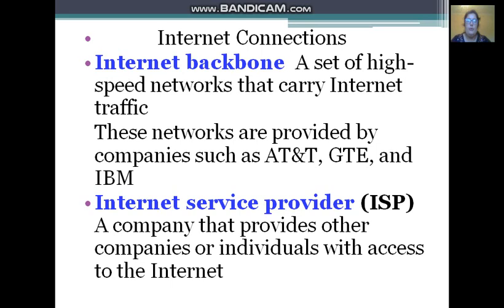Internet backbone: a set of high-speed networks that carry internet traffic. These networks are provided by companies such as AT&T, GTE, and IBM. They are famous networking companies. Internet service provider, ISP: a company that provides other companies or individuals with access to the internet.